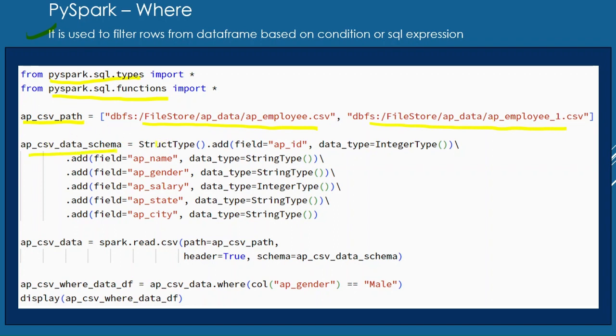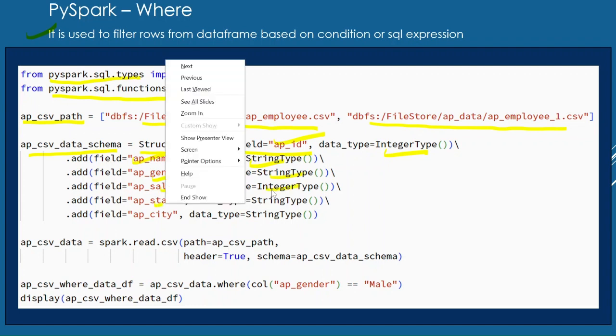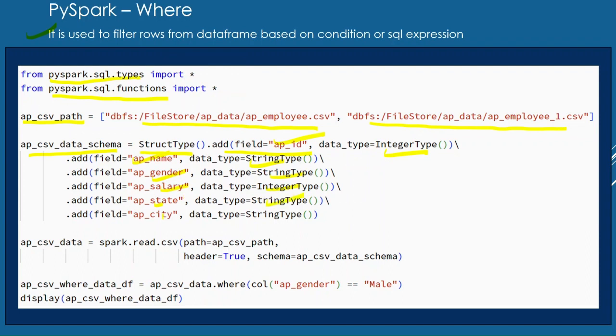We are defining this custom schema with the help of StructType and StructField. We are defining the fields and data types here with the help of StructField: ap_name and its data type, ap_gender and its data type, ap_salary and its data type, ap_state and its data type, ap_city and its data type.